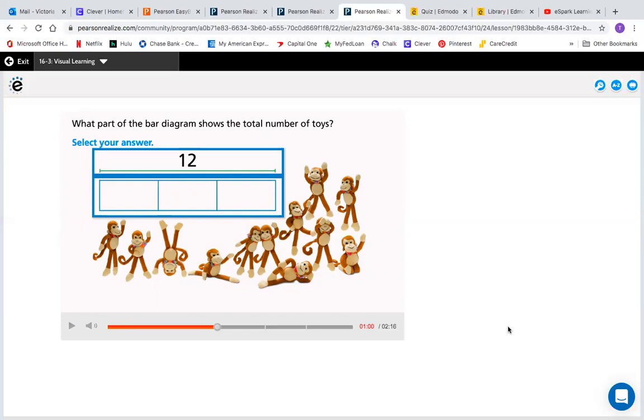I'm just splitting up the toys that I already have. So the whole number, the total number of toys, would go on the top of this part whole. I really like using a part whole for this because it really shows the different equal parts. So there are only 12 toys in total. So that goes on the top part, the whole.